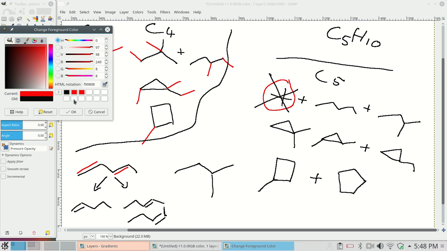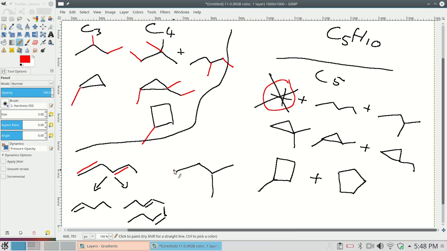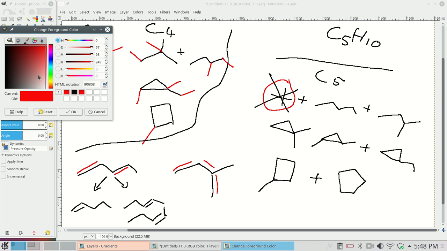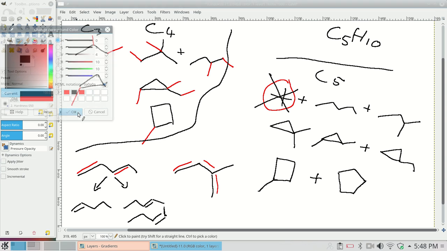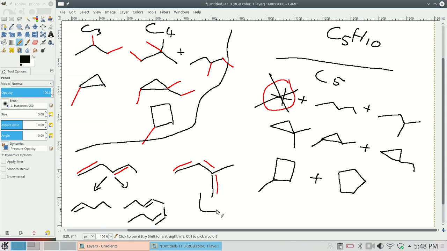On the other one, we can attach a double bond here, we can attach a double bond there, or we could attach a double bond here. So let's look at the different structures we get through that. I'm going to have to squeeze them down there.